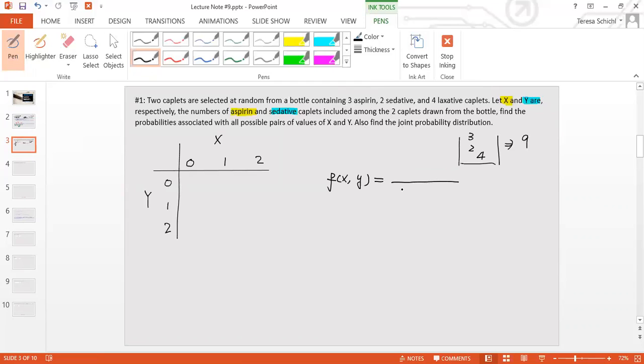So what is the bottom here? It will be C of 9, take 2, correct?